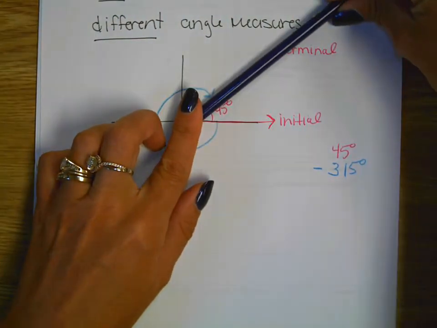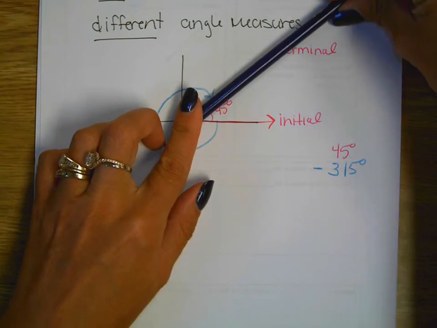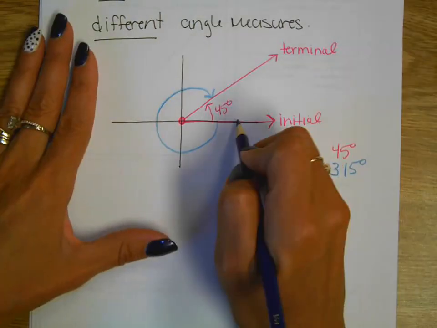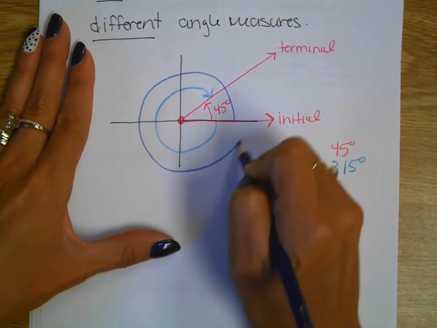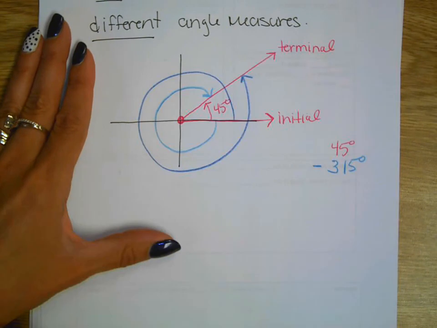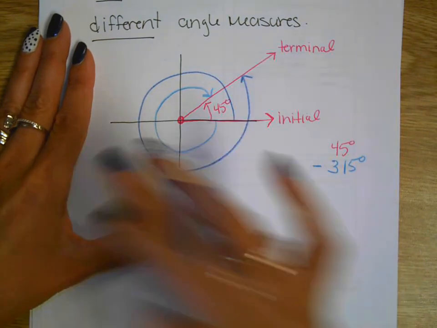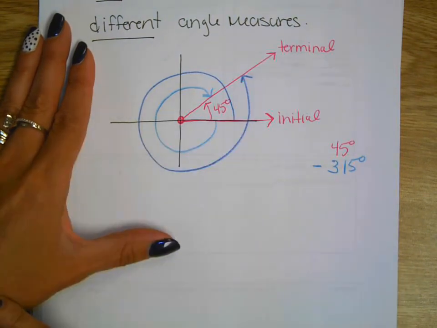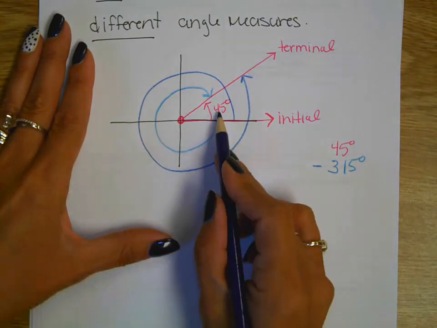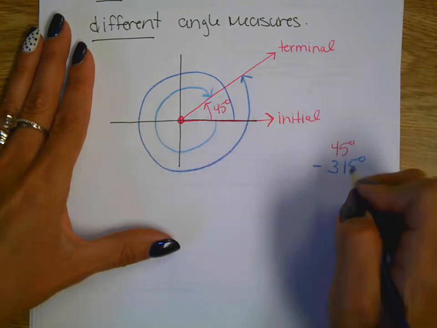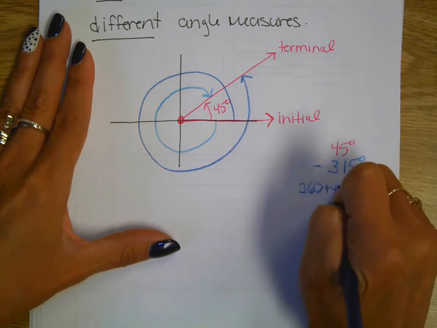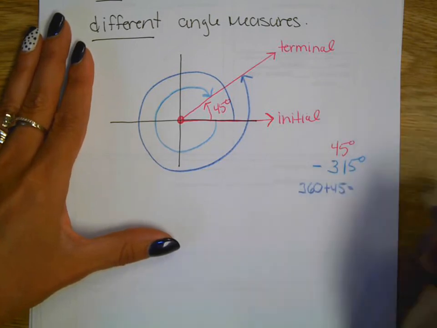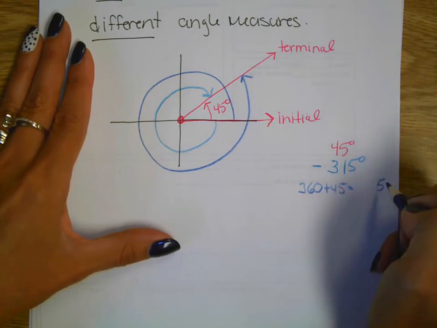Did I start at the same spot and stop at the same spot? So, we're going to show that, blow by it, and then stop the second time around. How do we figure that out? What did you do to figure that out? Add 360 to the 45. Because it was a positive direction. That's 405.